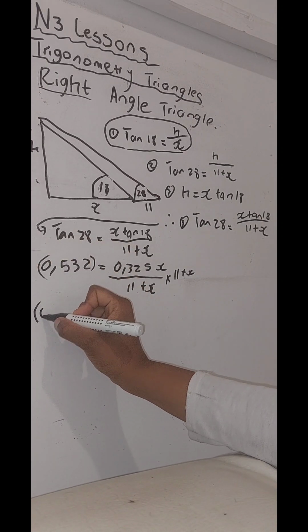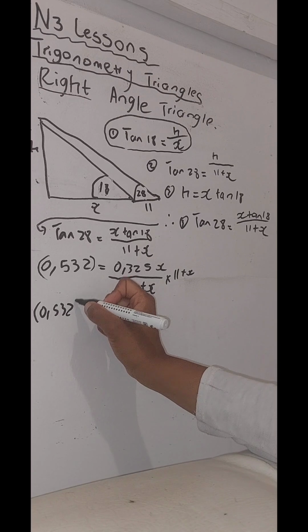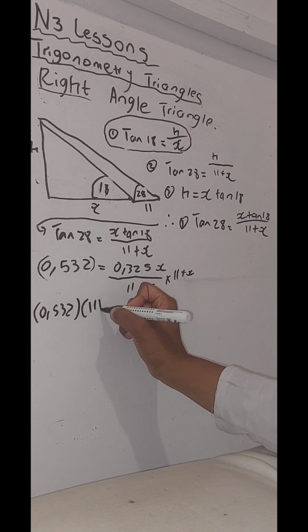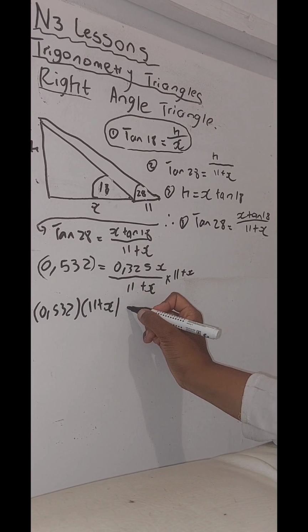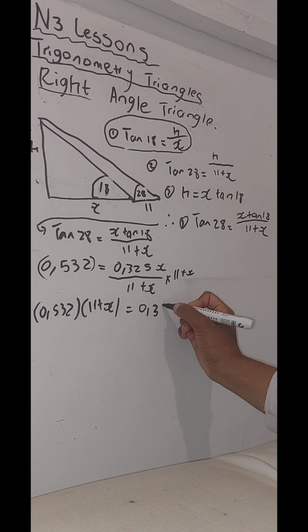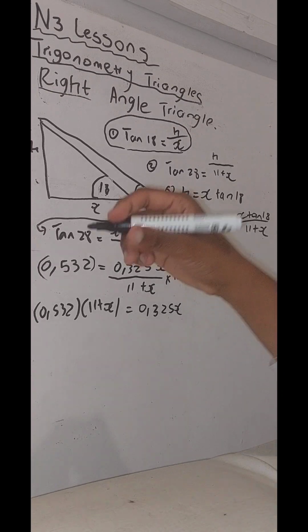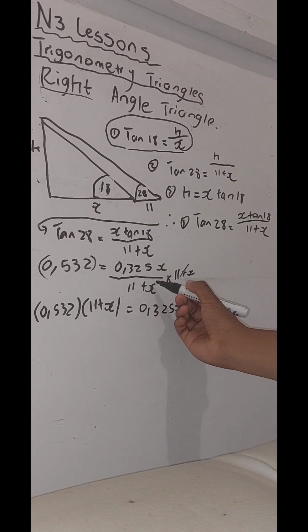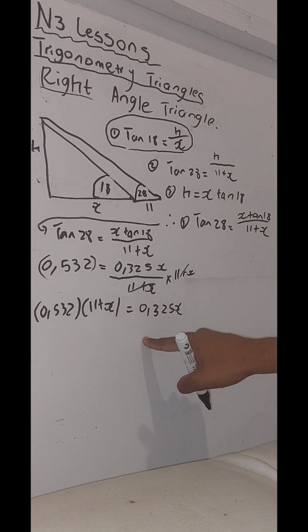So it's going to be 0.532 times 11 plus x, which equals 0.325 x, because this cancels this. We are left with this.